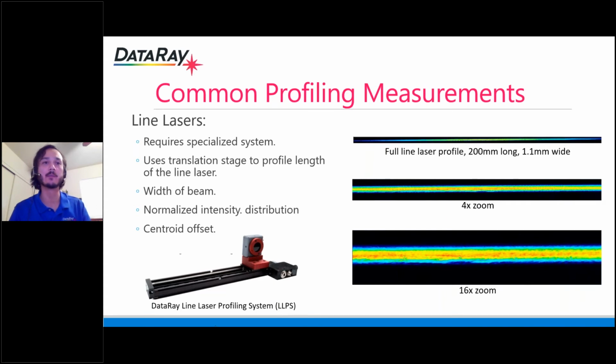So now instead of profiling along the axis of propagation, it's profiling along the line of your line laser. From this, you can get the width of the beam, normalized intensity distributions, and centroid offsets. On the top right, you see a full line profile from our software. It's 200 millimeters long and 1.1 millimeters wide. Below that, you see a 4x zoom and a 16x zoom. In the 16x zoom, you can see a lot of really small details that would probably be hard to know about if you hadn't profiled this line laser.